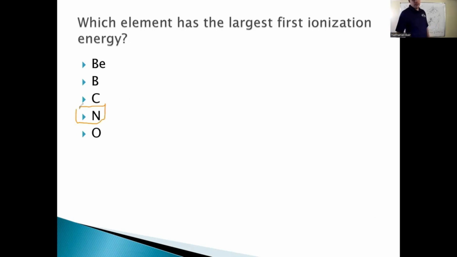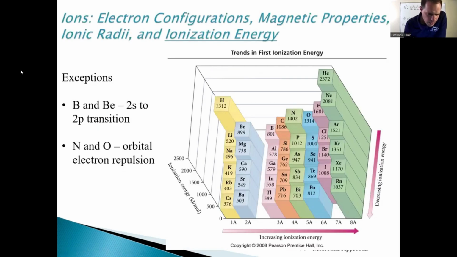Talk about why. This is row 2. So if we're looking at a periodic table, beryllium over here, oxygen over here, right? But why nitrogen? Well, you've got to remember oxygen is a P4, so you get a drop. If we go to the next slide, we're here in row 2, period 2.